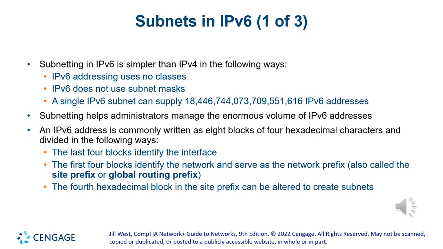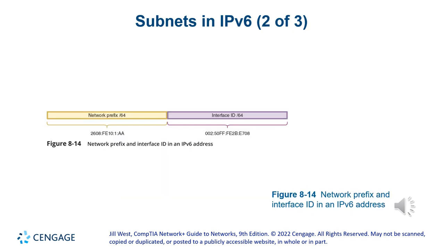The 4th block on the site prefix gives you a lot of variation that you can have on your subnet. So it's a large number, but that's the one that can be changed on your prefix to identify what we call on IPv4 different subnets, and I'll show you on the next slide.